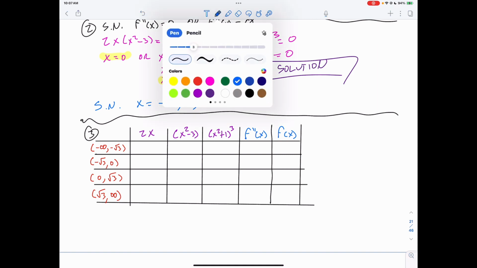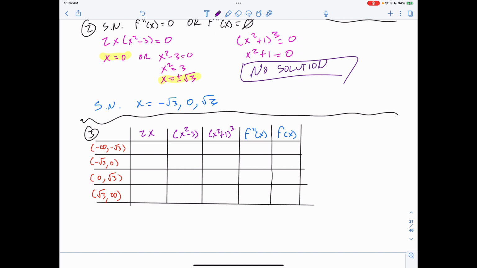So when I pick numbers to sub in, like negative 5, negative 1, positive 1, positive 5, then I see that 2x goes from being negative to negative to positive to positive. X squared minus 3 goes from being positive to negative to negative to positive. And when I square the numbers and then cube them and add 1 to it, it is just always positive.